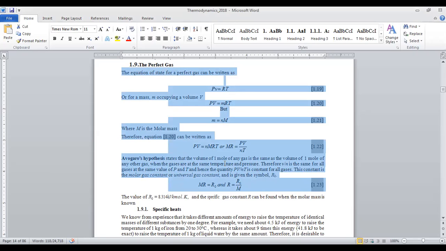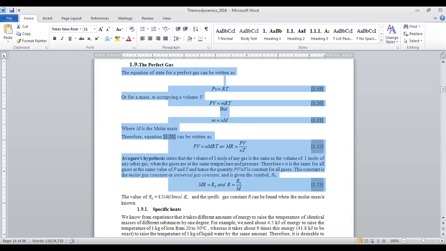Let me try to make it better. You are supposed to explore these perfect gases. Even in some past papers, I put perfect gas based questions, so having a good knowledge about perfect gas is important.